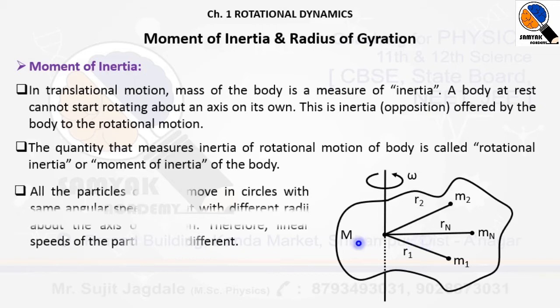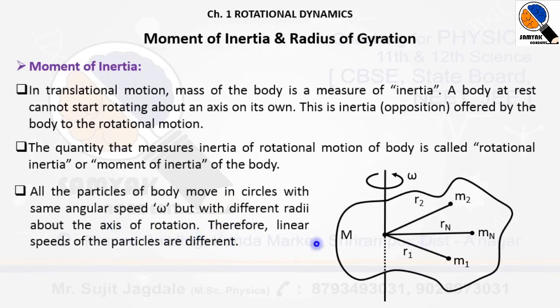Now just remember, each and every particle is performing circular motion, that means they are moving in a circle, and each and every particle has the same angular speed omega, that means they are moving with constant angular velocity omega. But the radii are different about the axis of rotation, hence their linear velocity varies as the radius is different.